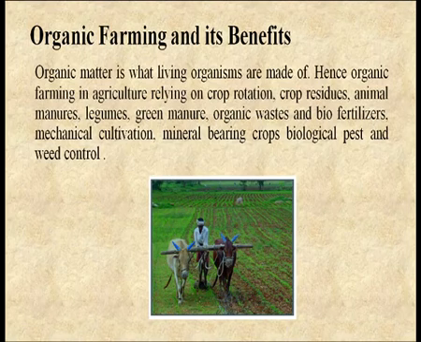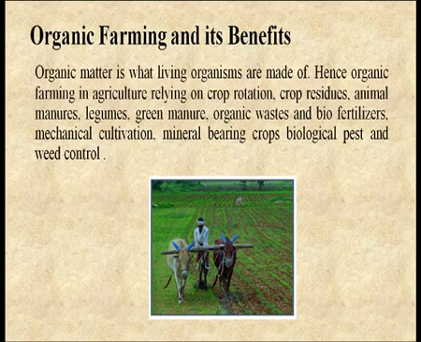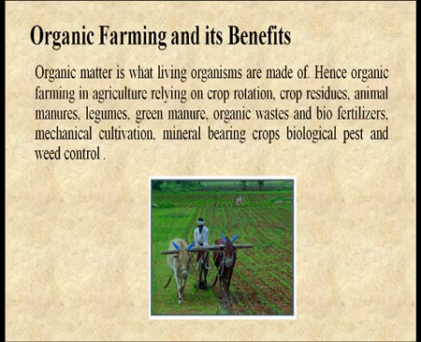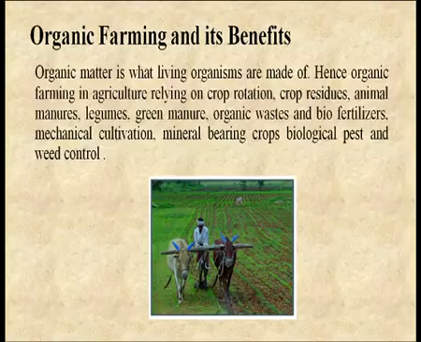Now come to organic farming and its benefits. Organic matter is what living organisms are made of. Hence, organic farming in agriculture relies on crop rotation, crop residue, animal manure, legume, green manure, organic waste and biofertilizers, mechanical cultivation, mineral bearing crops, biological pest and weed control.